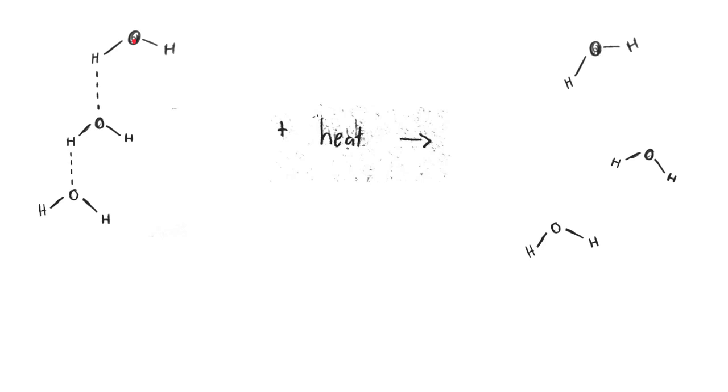If these bonds did break, I would end up with hydrogen and oxygen gas when I boil water, which does not happen. So what we just saw is an example of how breaking intermolecular bonds changes the state of matter of an object. It is important to understand that you can form intermolecular bonds as well. For example, water will turn to ice by forming more intermolecular bonds if the temperature is low enough.